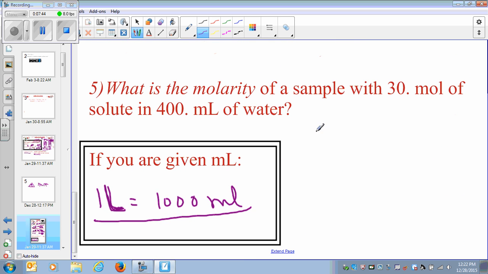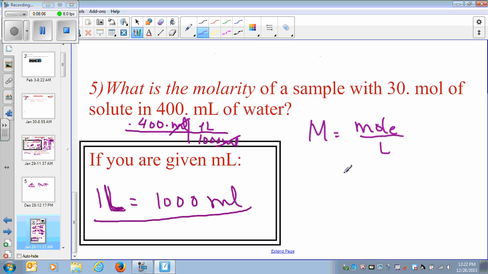What is the molarity? Again, I have moles over liters. To convert the milliliters into liters, I will divide 400 milliliters by 1000, because 1000 milliliters is 1 liter. So my decimal point goes here. So molarity equals 30.